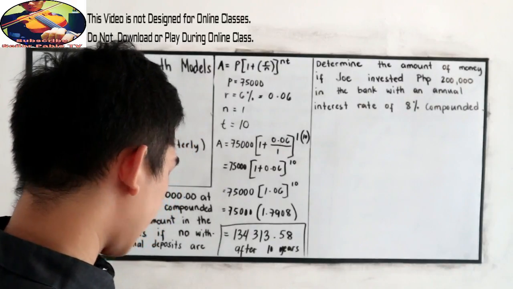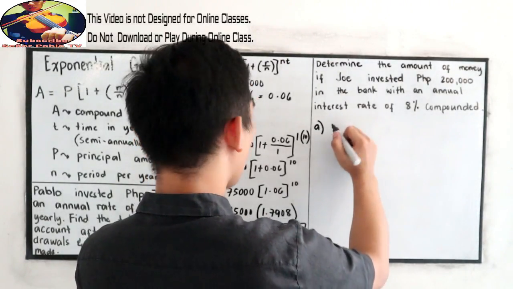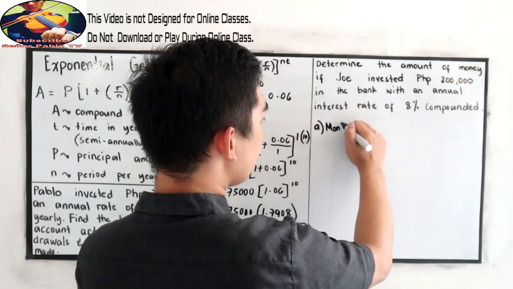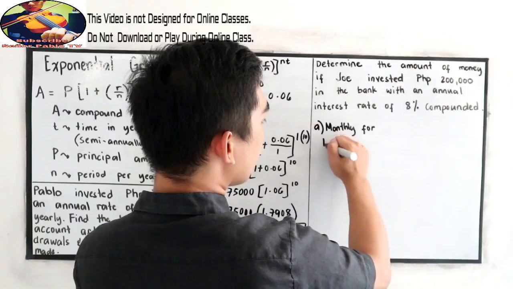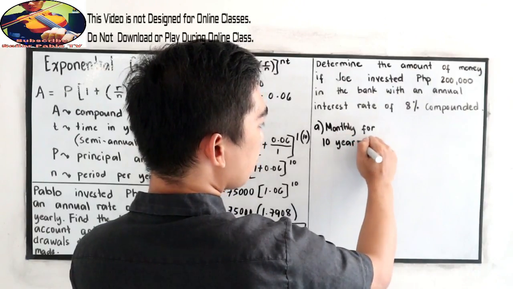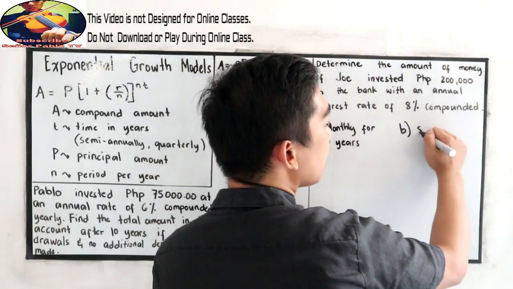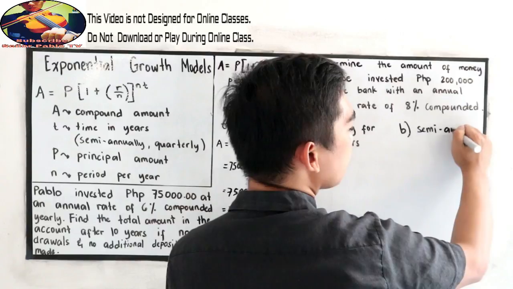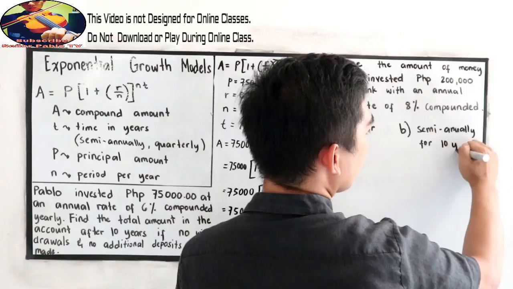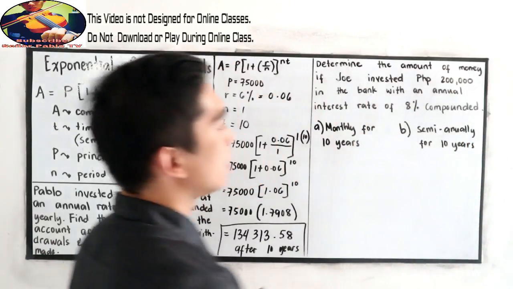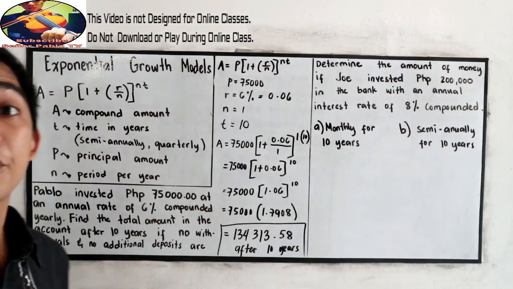We're going to find letter A, monthly for 10 years, and letter B, semi-annually for 10 years.